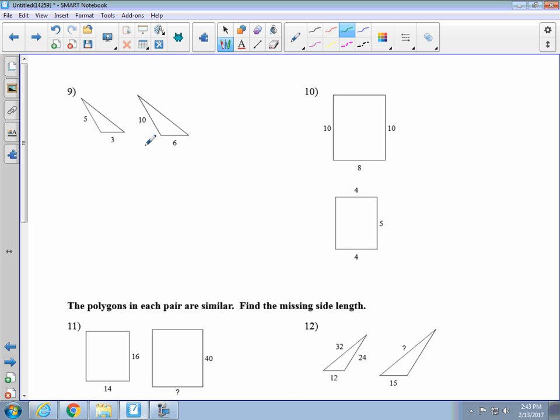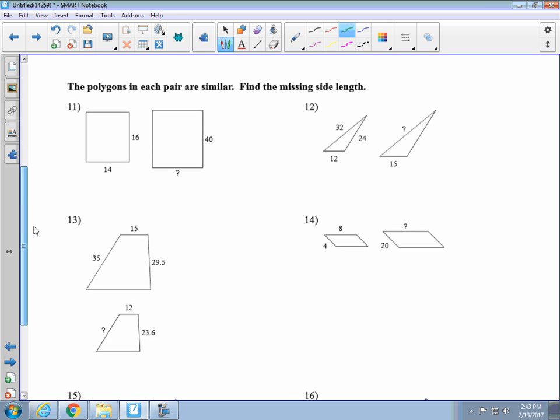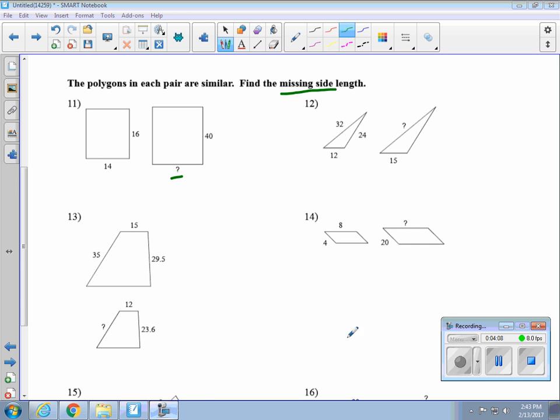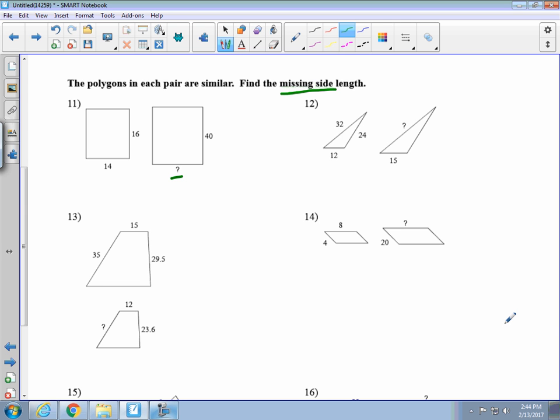Flipping the page, the next section says that the polygons in each pair are similar. And so you're asked to find the missing side, and that is given by a question mark. Now then, what we're going to do is the same as what we have said before, that similar means the sides are proportional, or that they scale up by a single numerical value.